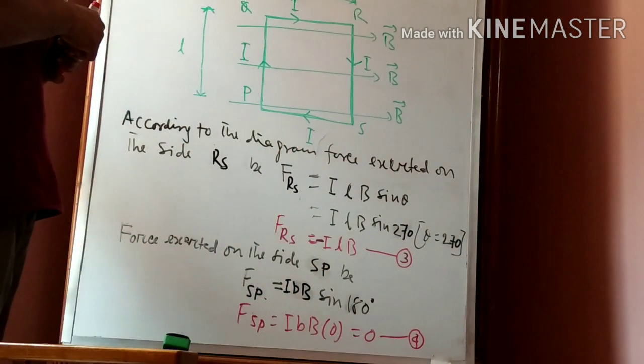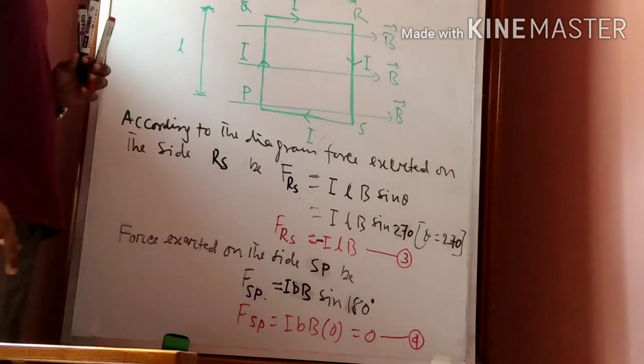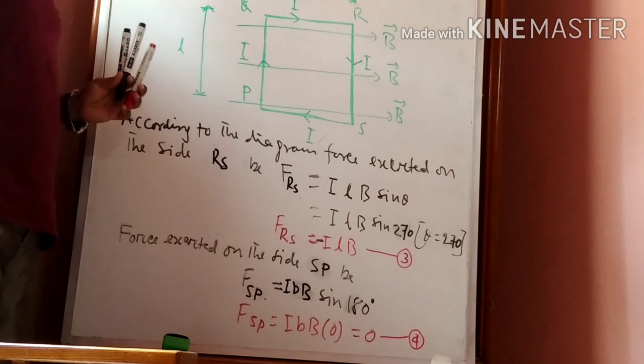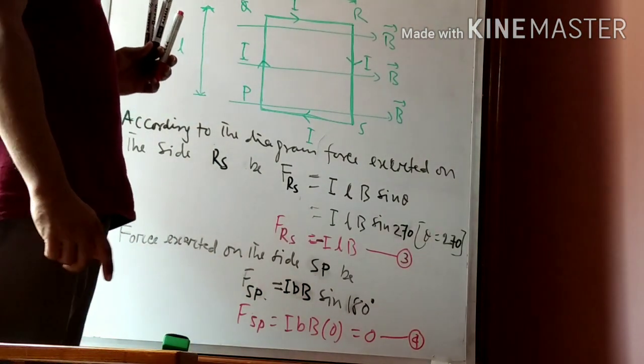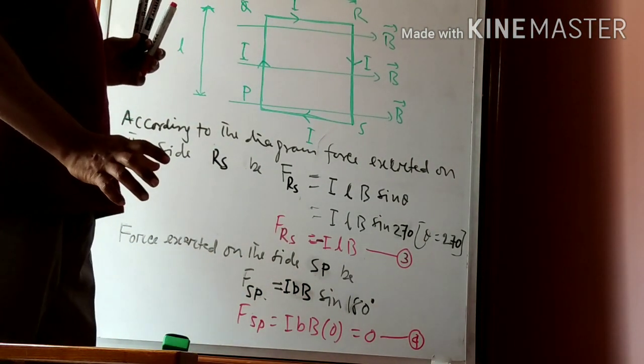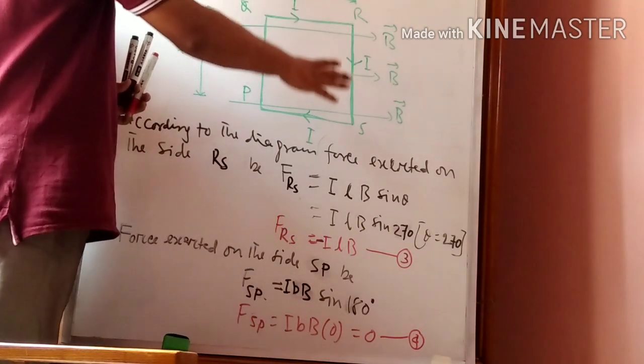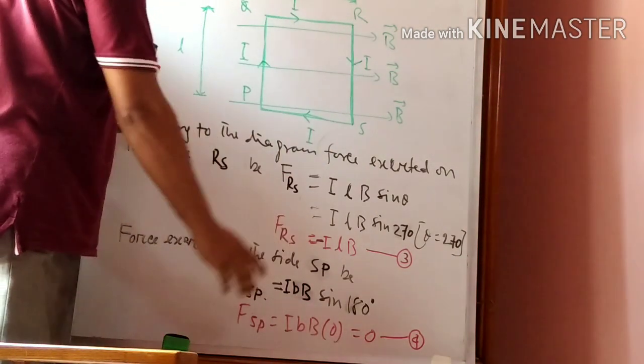So we get 4 equations of F_PQ, F_QR, F_RS and F_SP. But here you see, the force exerted on the two sides QR and SP, these two are 0.